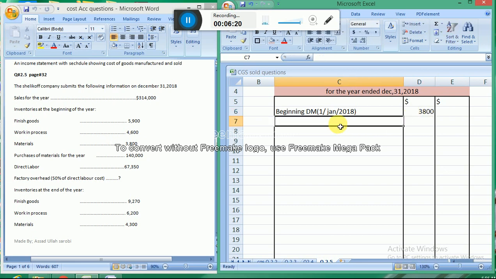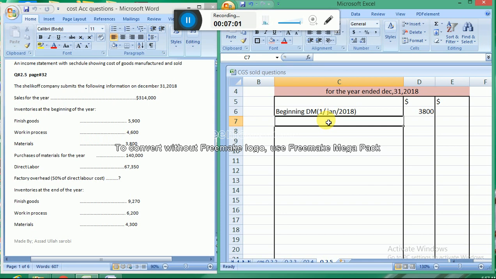This is the material which is remaining from the previous year. During the year 2018, from 1st January till 31st December 2018, the business made some purchases. Purchases of raw material, or we can say purchases of direct material. Look, manufacturing is a continuous process, so automatically the company will be involved in purchasing direct material.